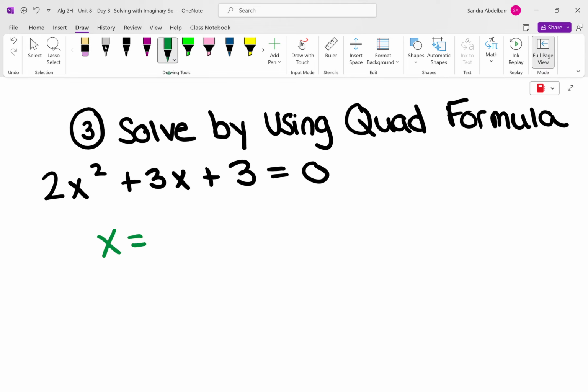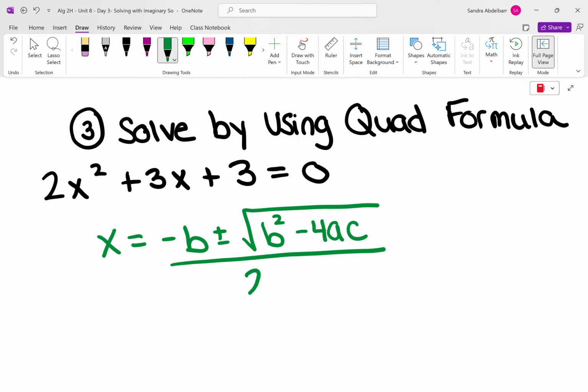And the quadratic formula tells us x will equal negative b plus or minus the root of b squared minus 4ac all over 2a. Okay, you guys tell me, what is a? Okay, Jess? 2.